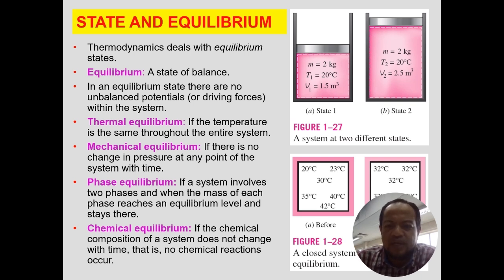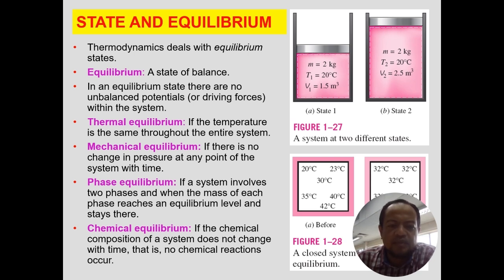So, if you have one state condition here, let's say the mass is 2 kg, the temperature is 20 degrees C, and the volume is 1.5 meter cube, it will cover everything inside this boundary. For thermal equilibrium, the temperature is the same throughout the entire system.